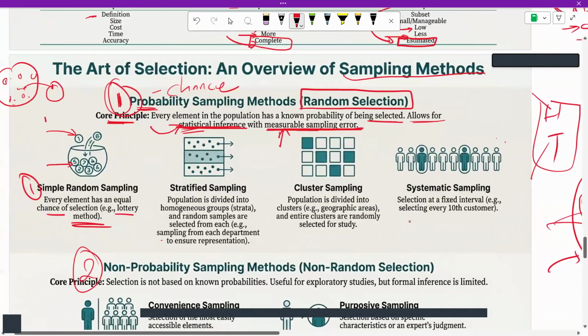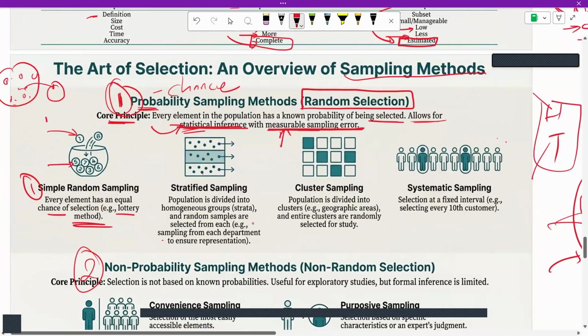Stratified means grouping, right? First we group apples separately, mangoes separately, oranges separately, and then randomly pick one within a group. That is stratified sampling.